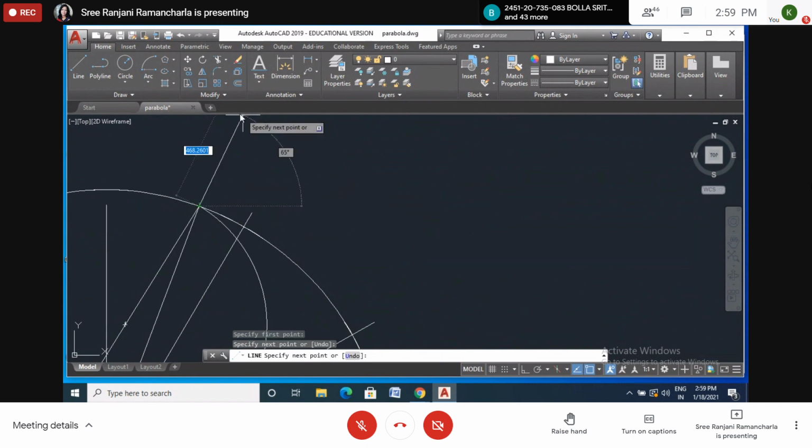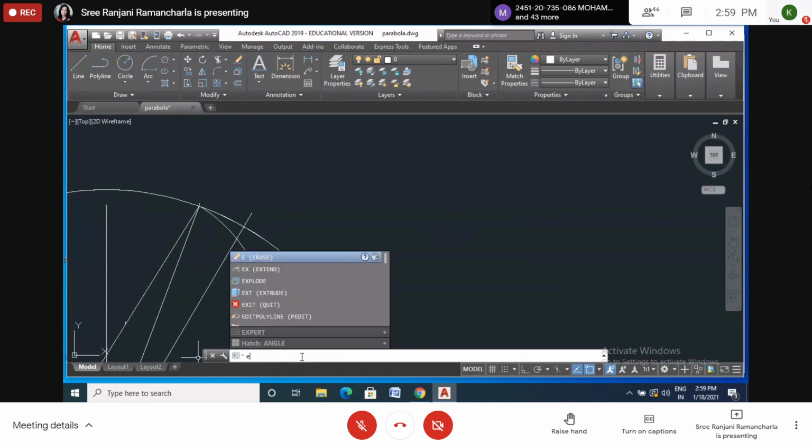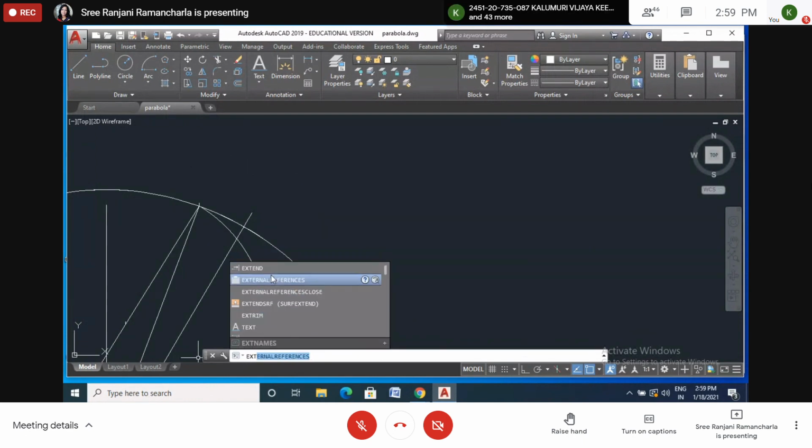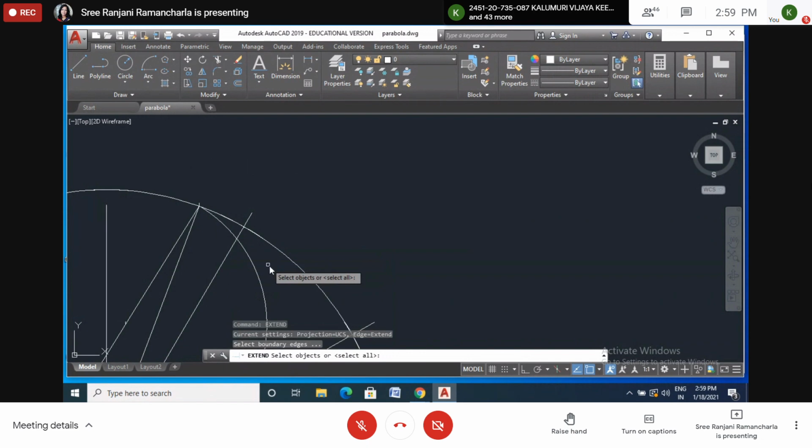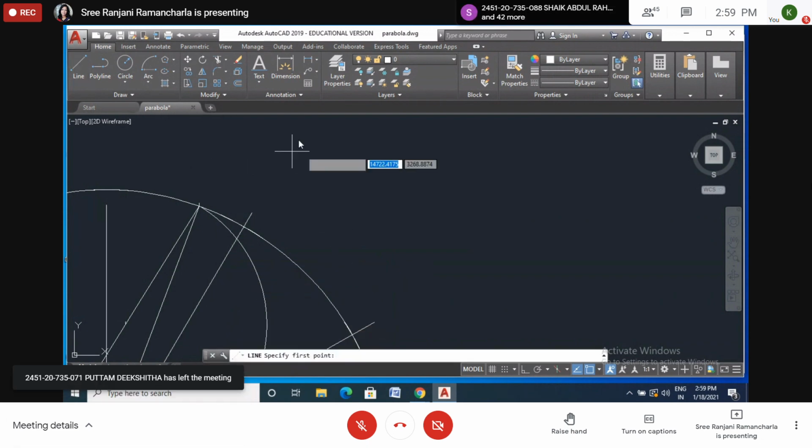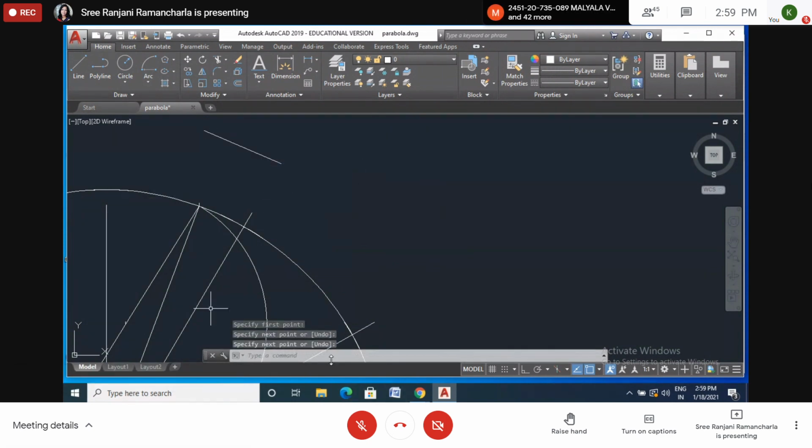So this will become, what is this one now? If you extend this one, you can extend easily now. I will extend this one. I will not extend this; I want to draw one more line. Okay, now extend.